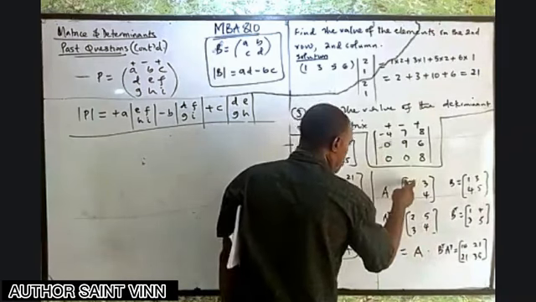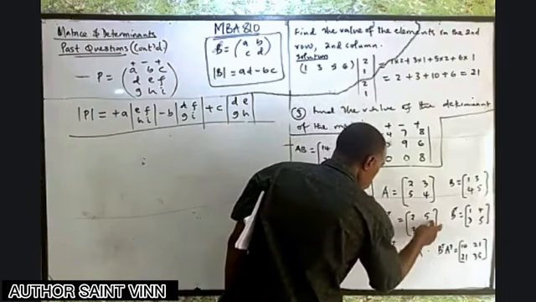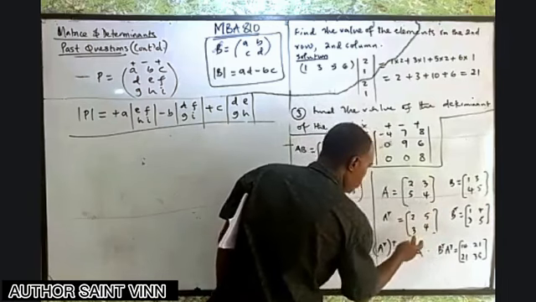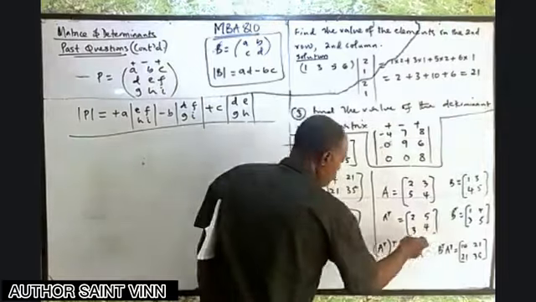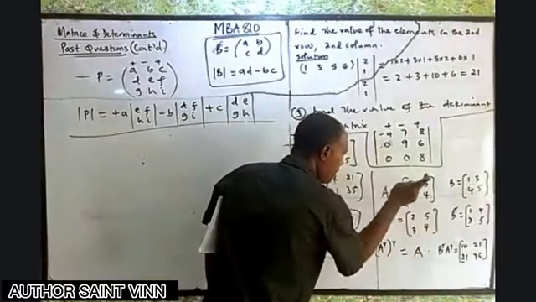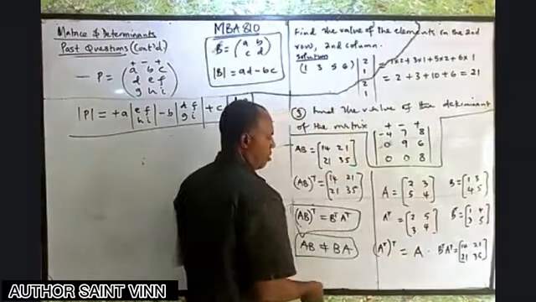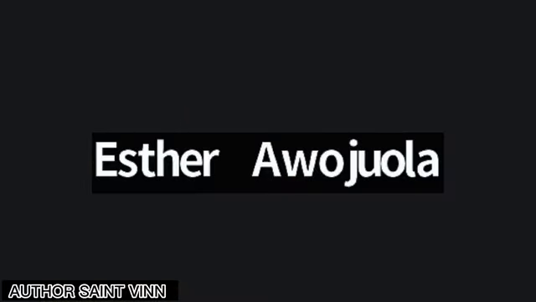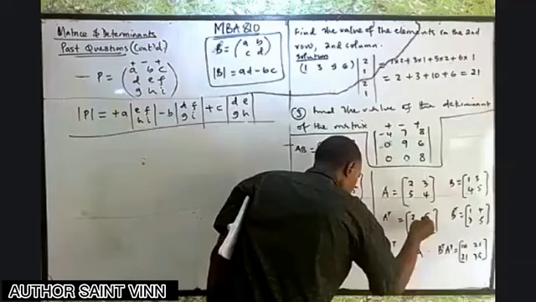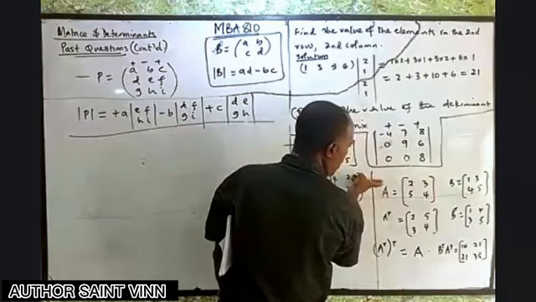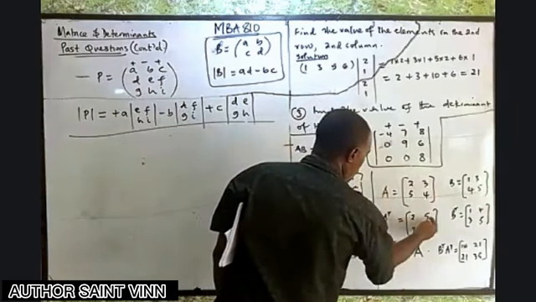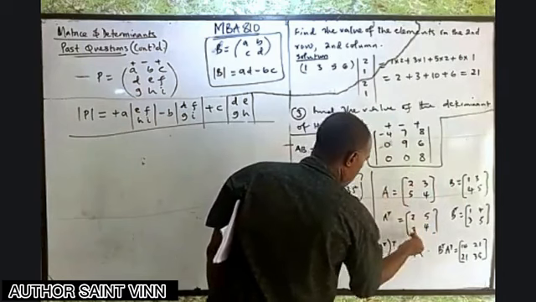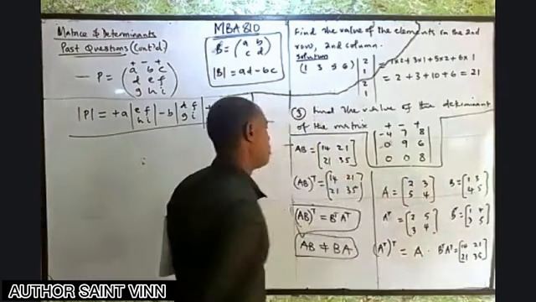Or the first column becomes the first row, the second column becomes the second row. And you know that if you take another transpose of this, it will be the same thing as A. A transpose is this. Taking another transpose of A transpose will give us back A. 2, 5 will come like this, 3, 4 will become 3, 4 like that.